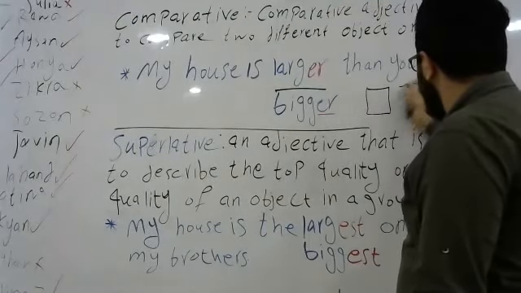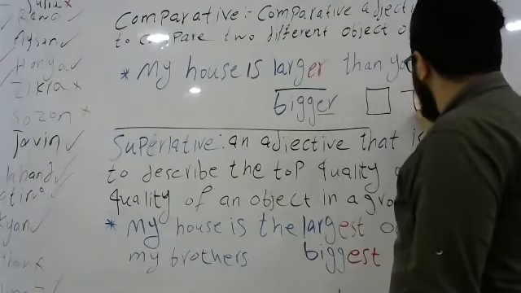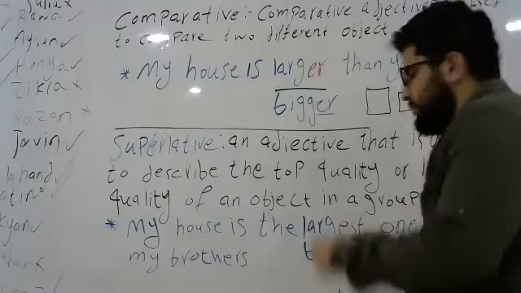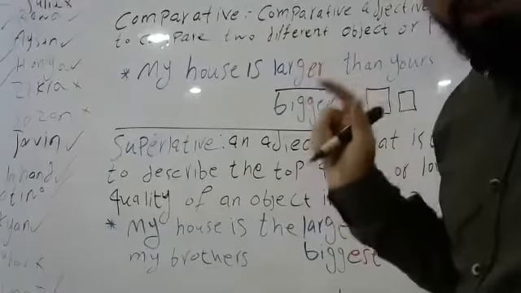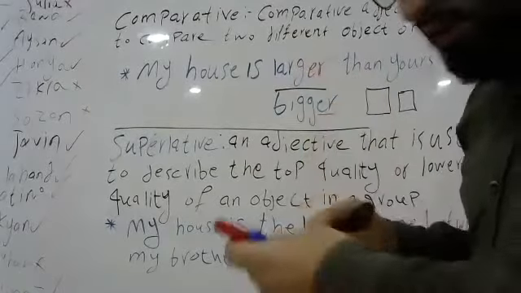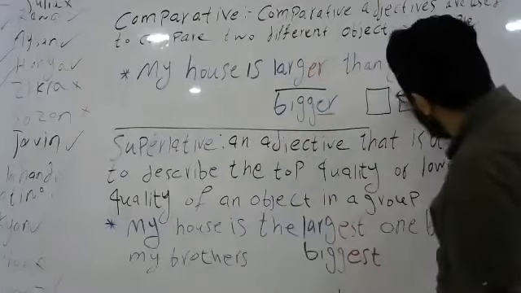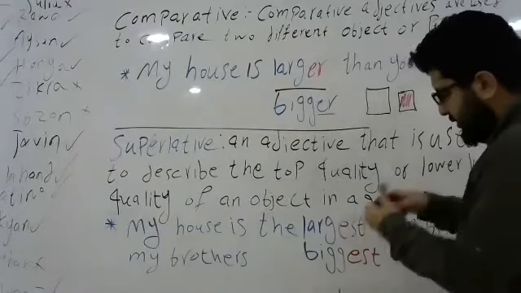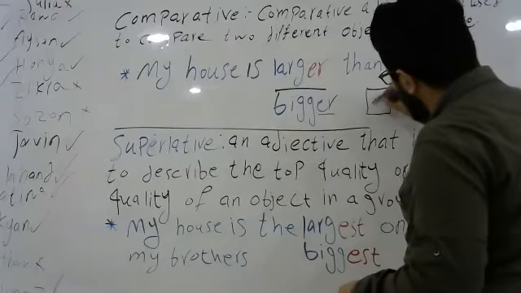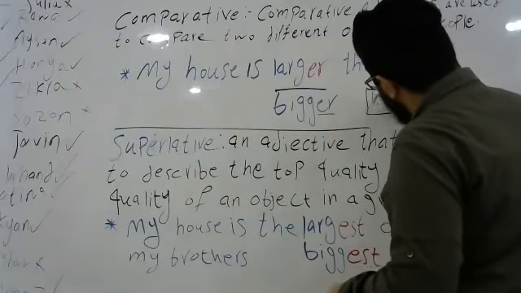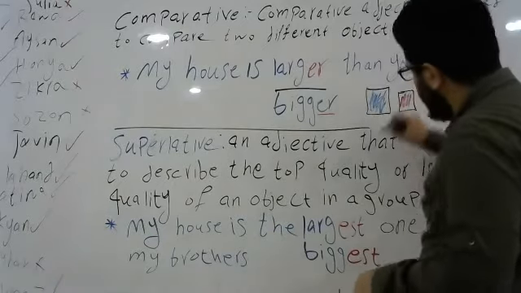That's one. That's two, okay? We have two objects. This is red. This is blue. Okay?